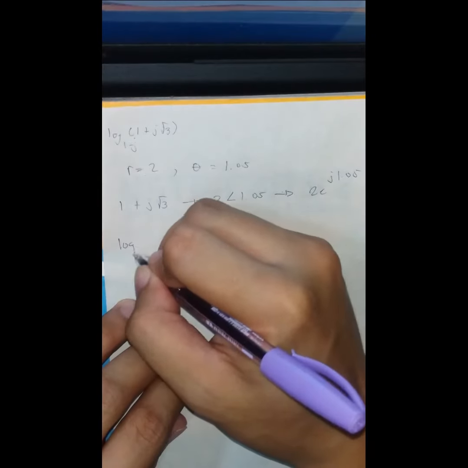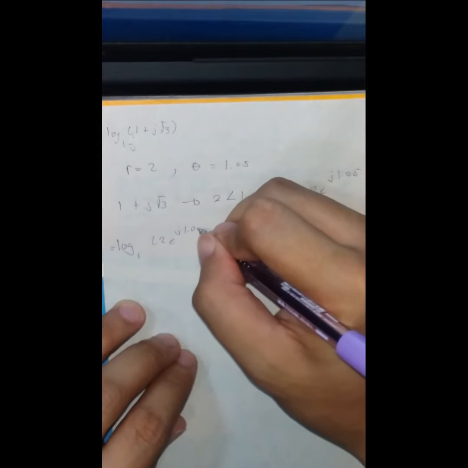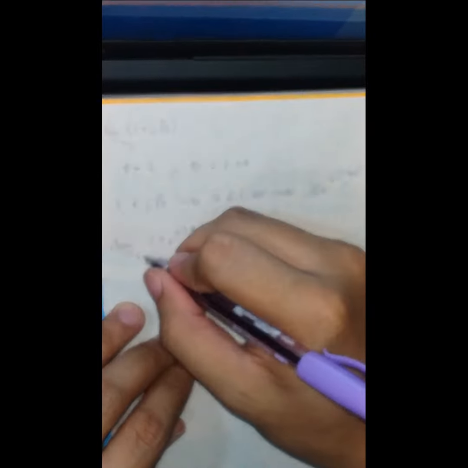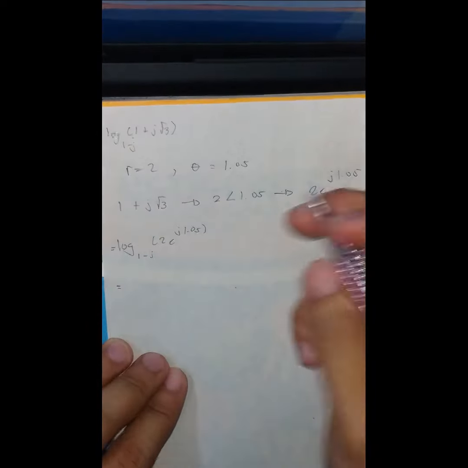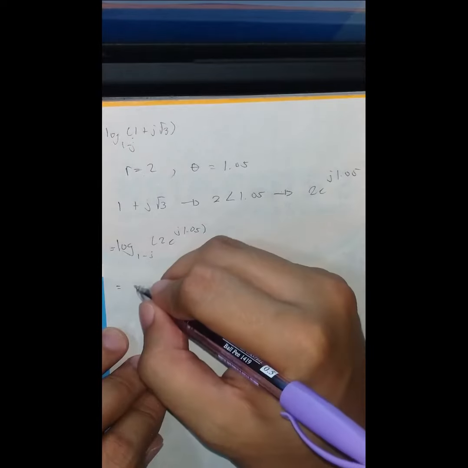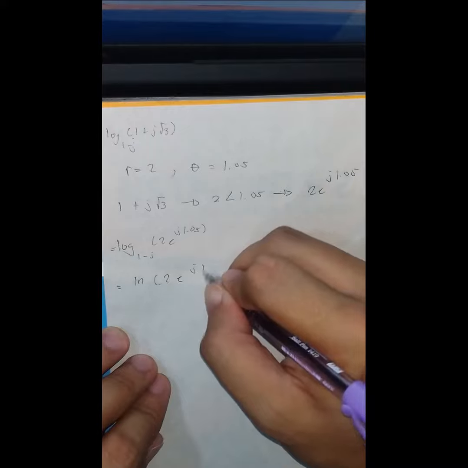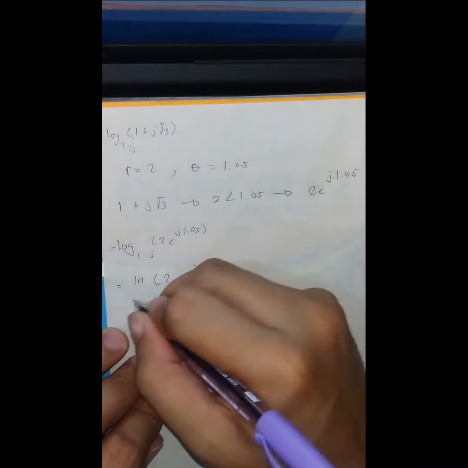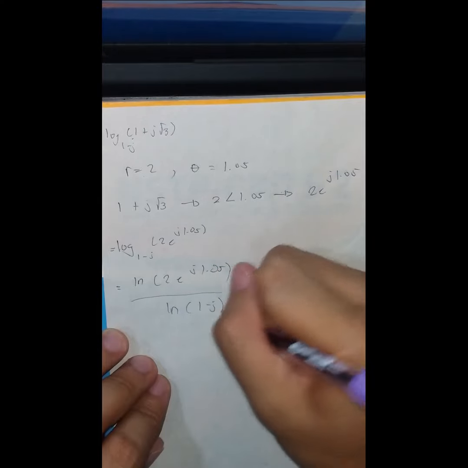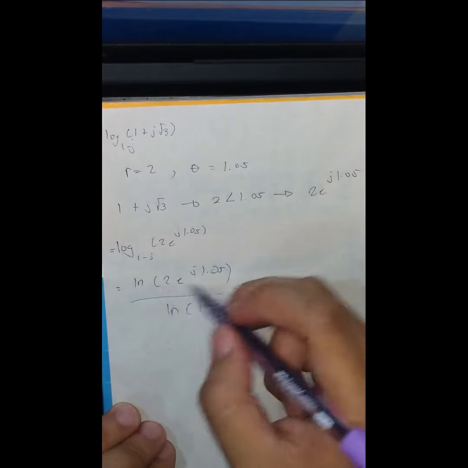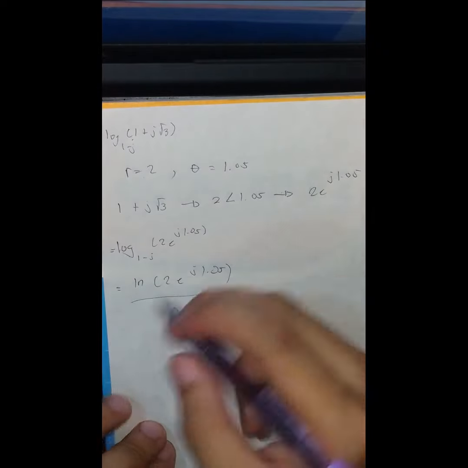So we get log of 2e raised to j 1.05 with a base of 1 minus j. Then using the properties of log, we can have ln of 2e raised to j 1.05 all over ln of 1 minus j. Then use the properties of logarithm again.